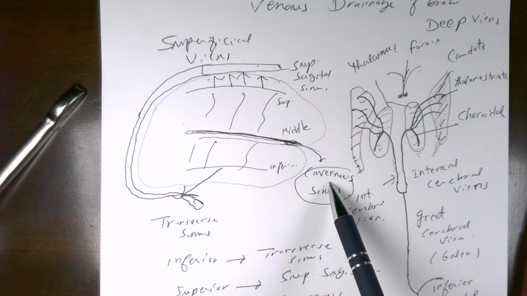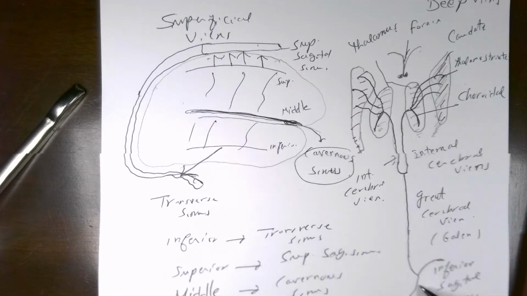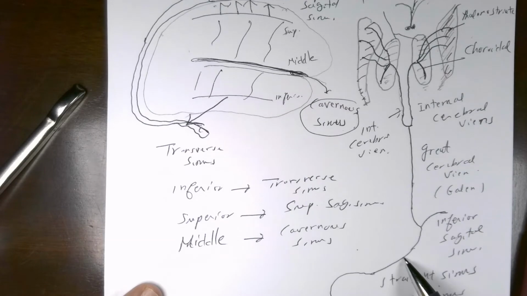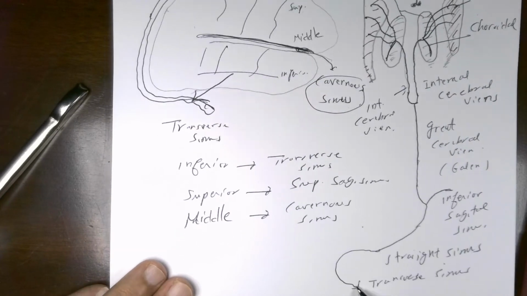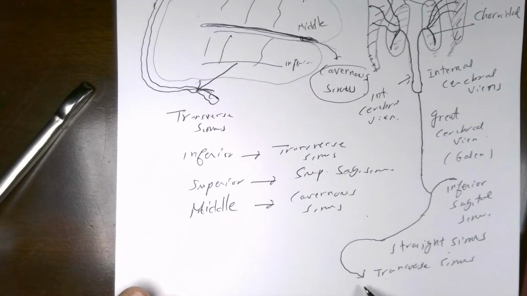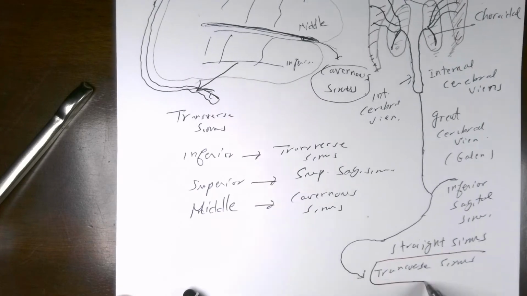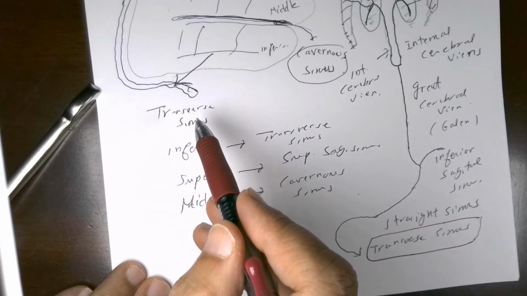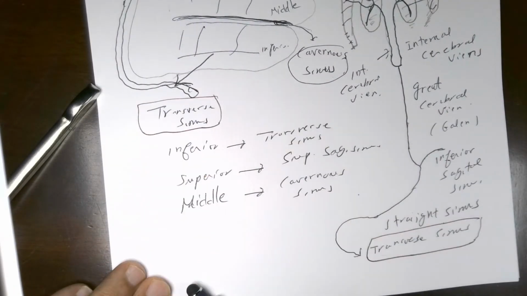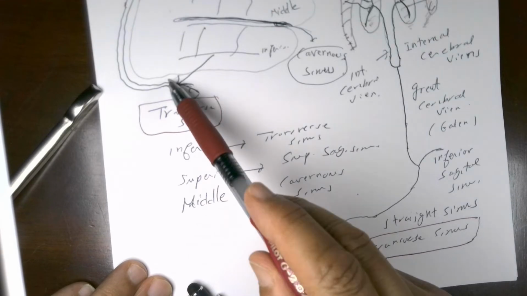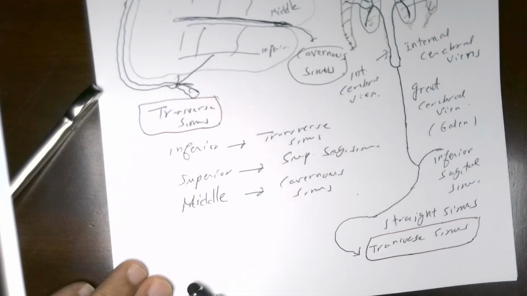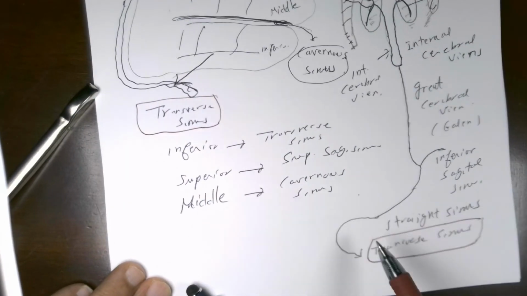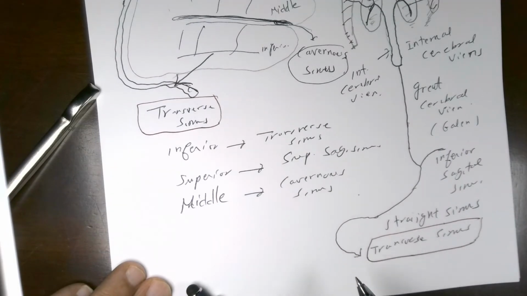And the deep veins end into the straight sinus, then transverse sinus. Since the superficial veins go here and the deep veins also go here, we have right and left transverse sinus.